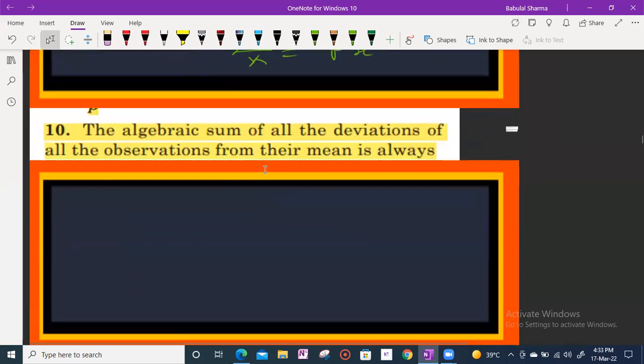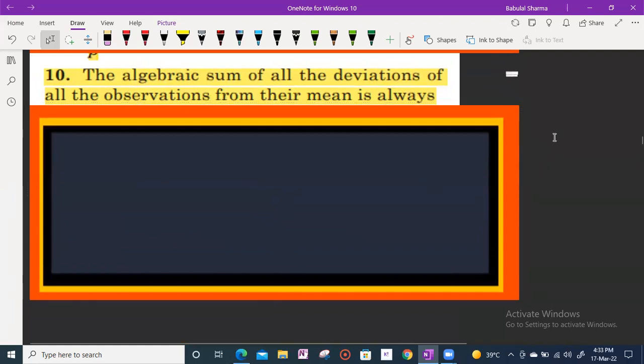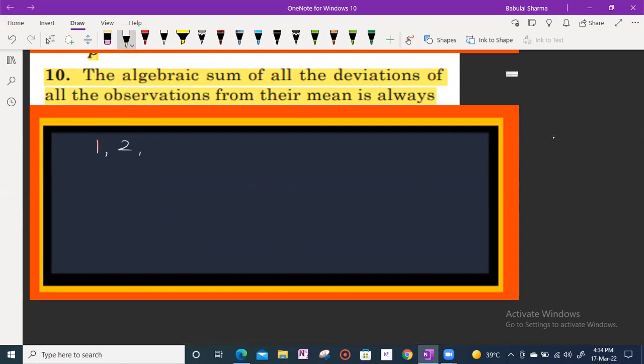Now we come to the next question. Yes. This question is also of 9th standard. The algebraic sum of all the deviations of all the observations from their mean is always, I am taking one example. Let me take 1 and 2 and 3 and 4.